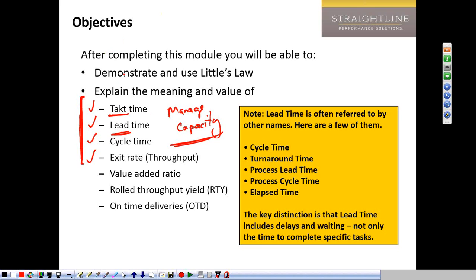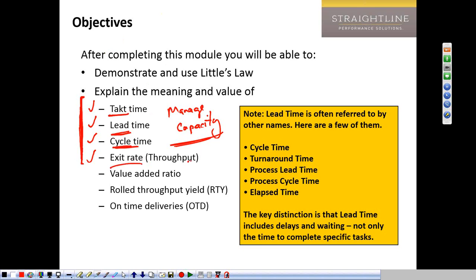Lead time measures real time or elapsed time between the beginning and the end, and cycle time tends to be more inward directed. I know that people can define them in different ways, but cycle time tends to be more inward directed, and so you're looking at touch times, things like that.